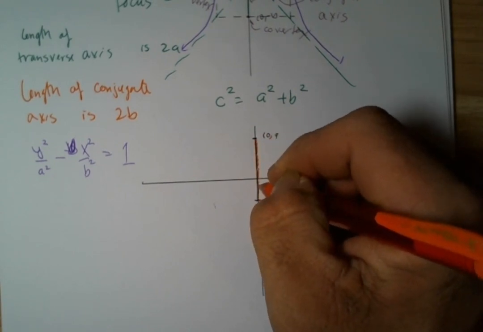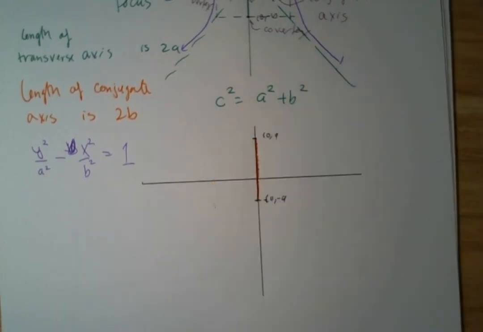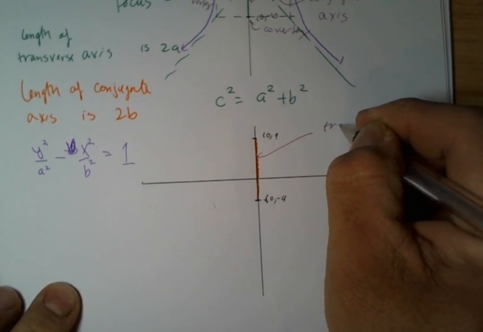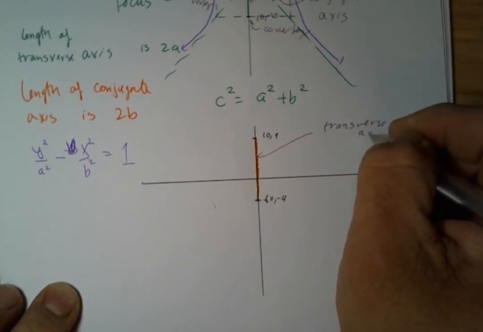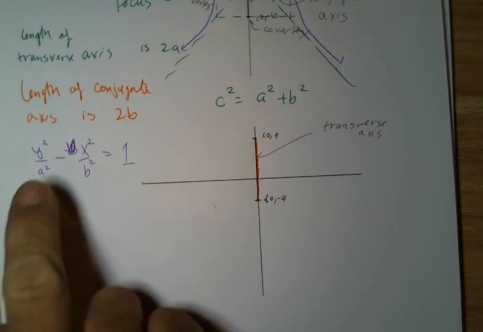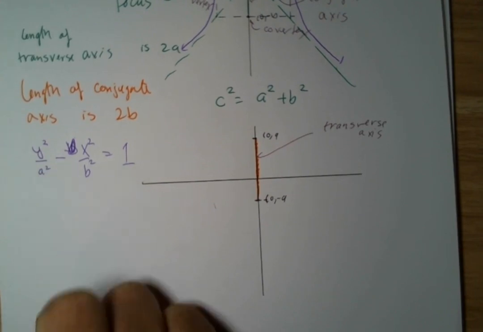I think of it similar to our major axes. And notice that in both of these cases, there's no requirement for a to be greater than b or b greater than a to have the transverse axis. The transverse axis is always the value that is to the left of the minus sign.